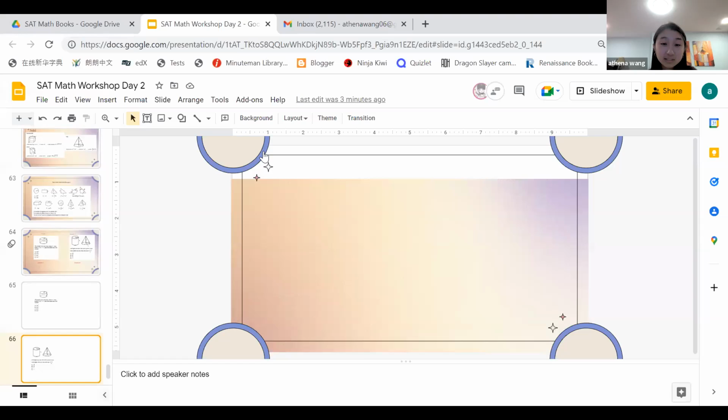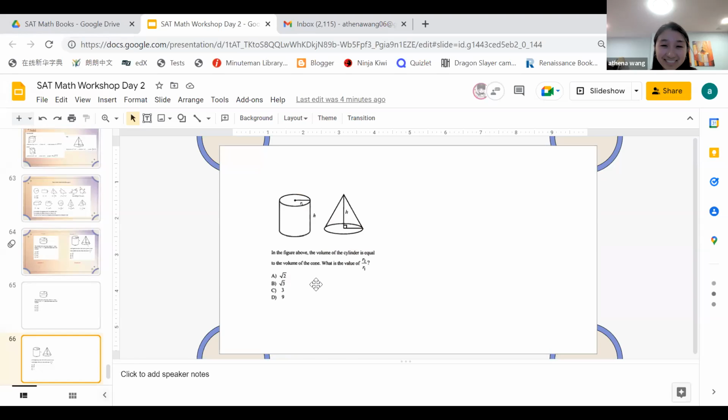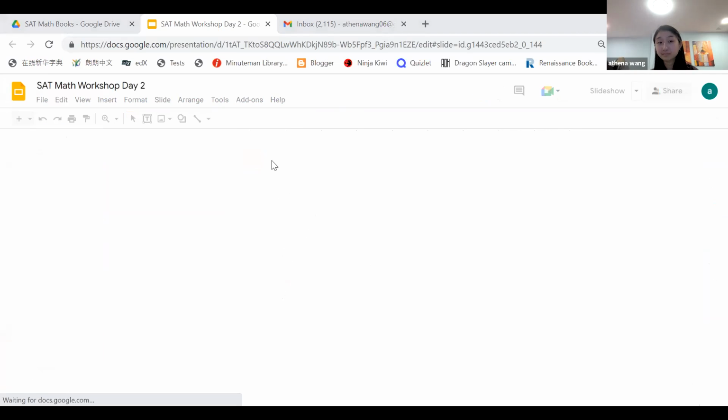Oh, it's still not loading. Okay, tell me if you can still read that. Oh, I reloaded the page.